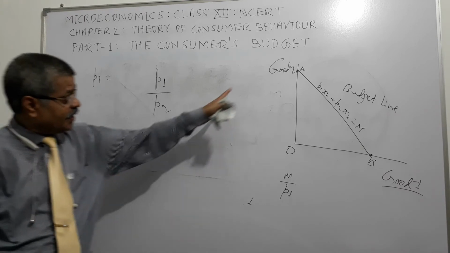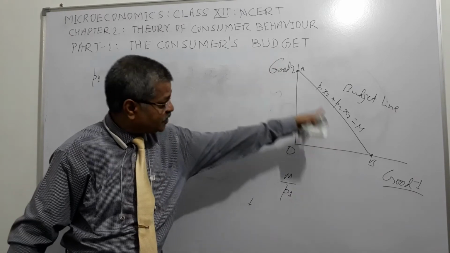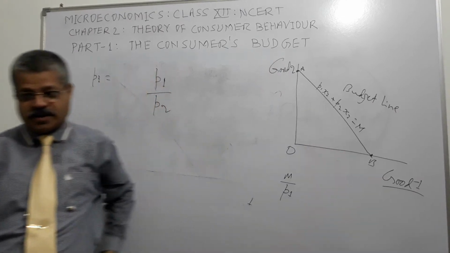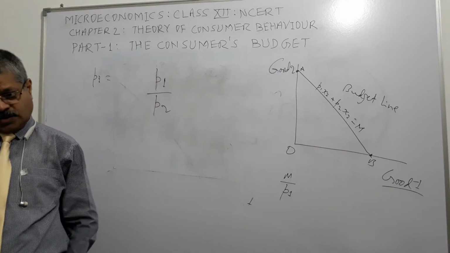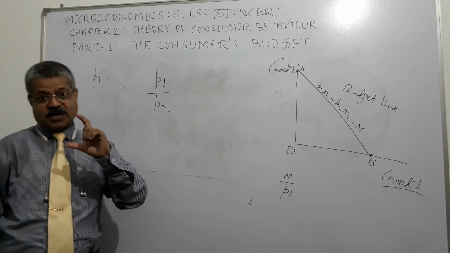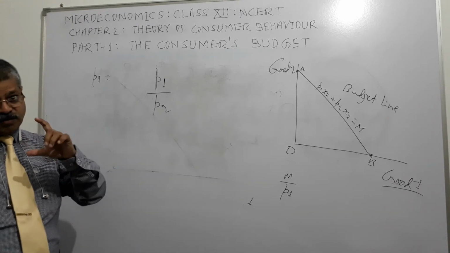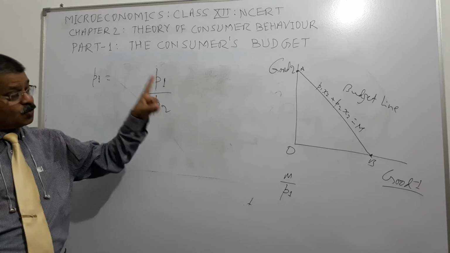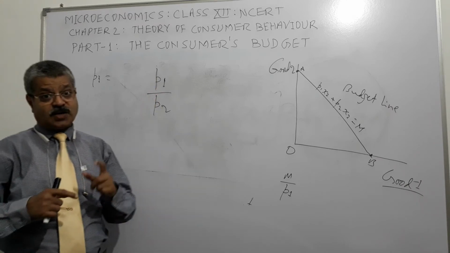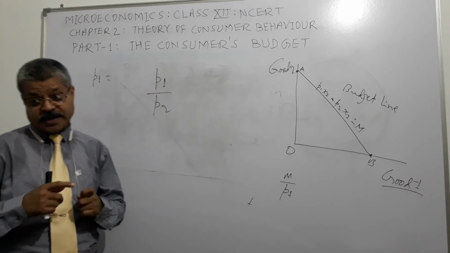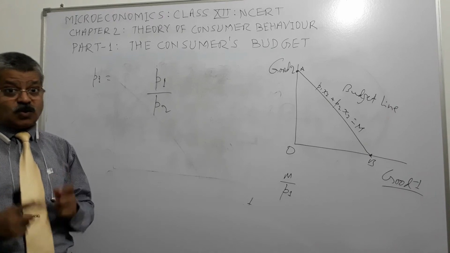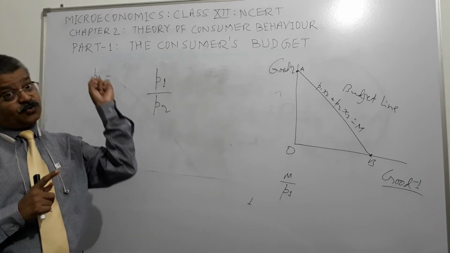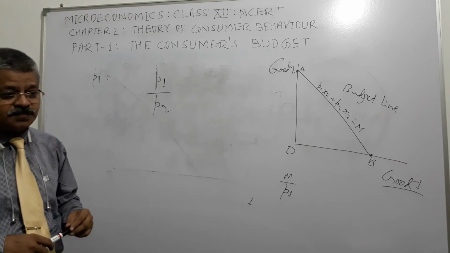Got it? The absolute value of the slope of the budget line measures the rate at which the consumer is able to substitute good 1 for good 2 when the consumer is spending his or her entire budget, not saving, is equal to M, right.